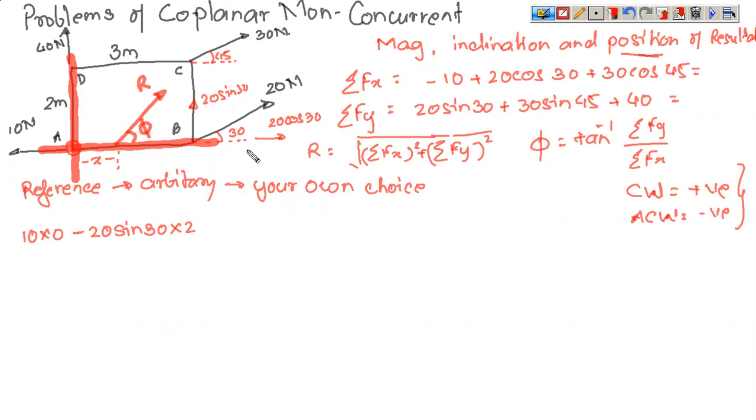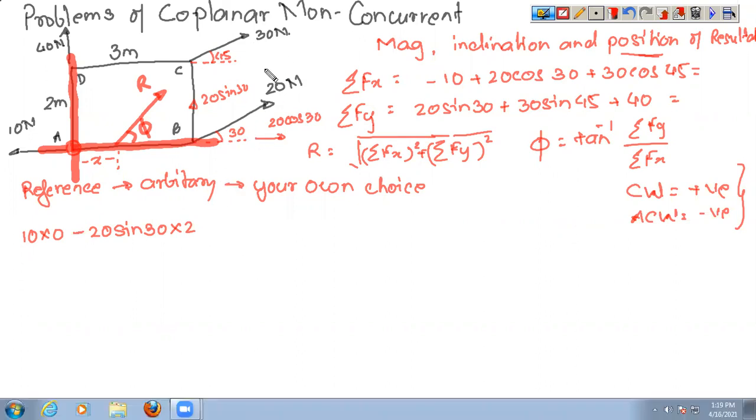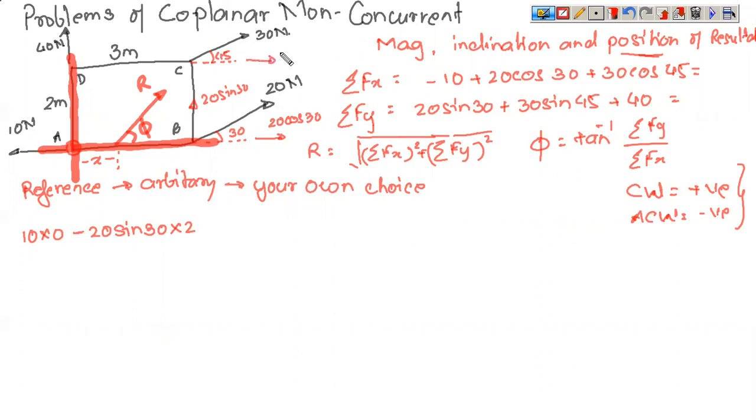Now come to the 30 Newton force. Now 30 Newton again has two components, 30 cos 30 and 30 sin 30. Now coming to cos 30, it is parallel to line AB. If it is parallel to line AB, there is a distance involved. The distance is 2 meters. So this is 30 cos 30 multiplied by 2.